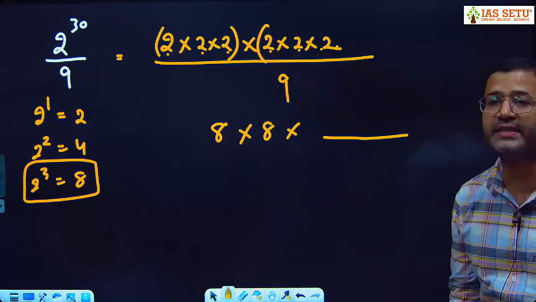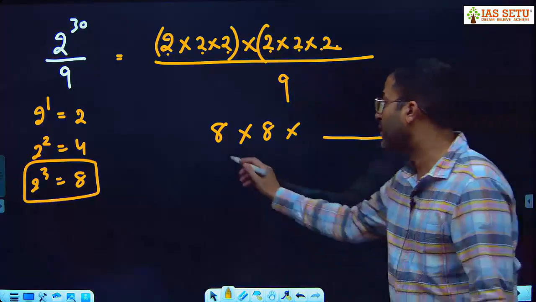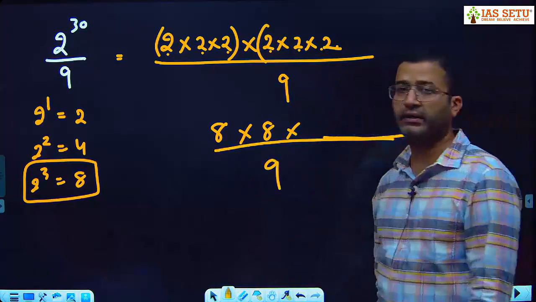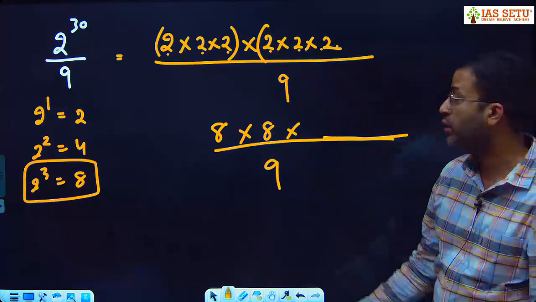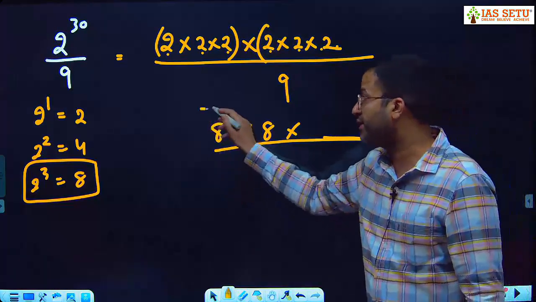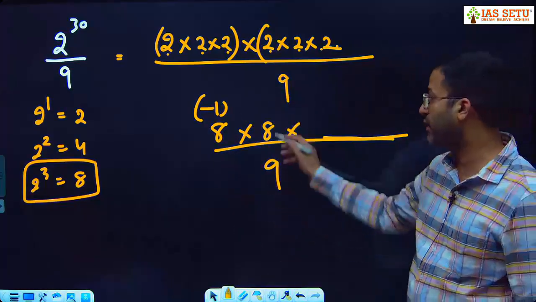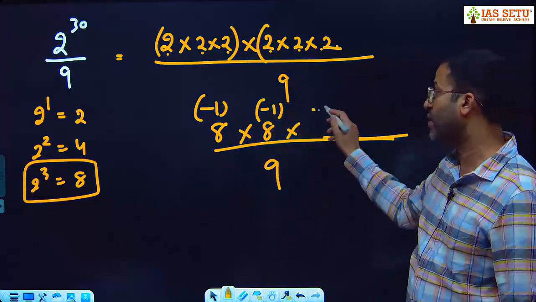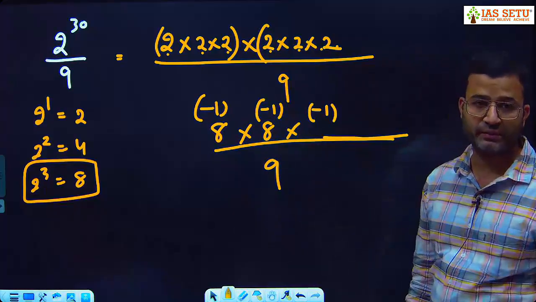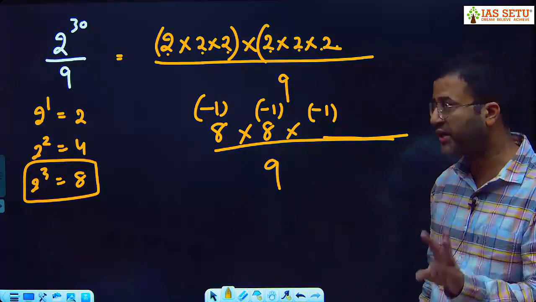Here also it is time consuming. But when we divide it by 9, we have two types of remainder: positive remainder 8, negative remainder -1. -1 will help. We take the negative remainder here. Wait, let me take it as an example.